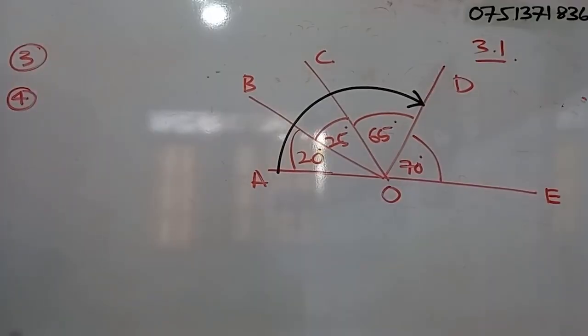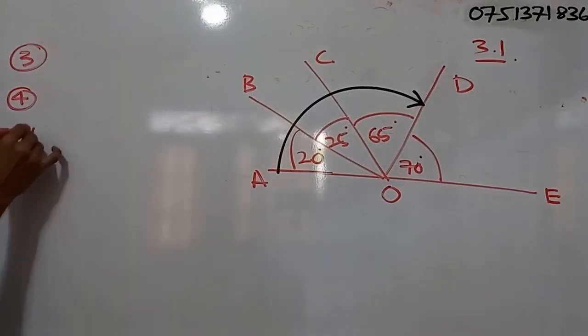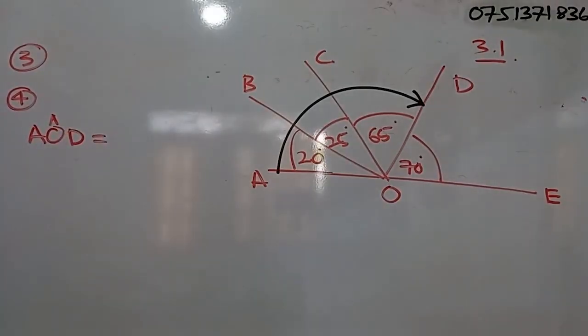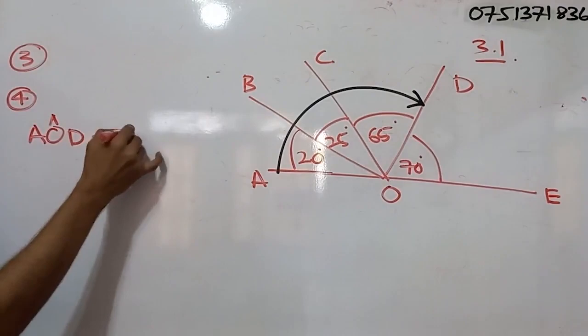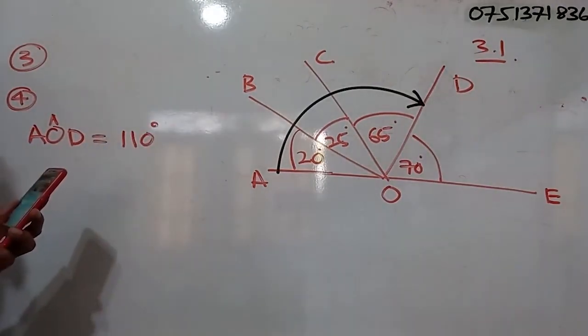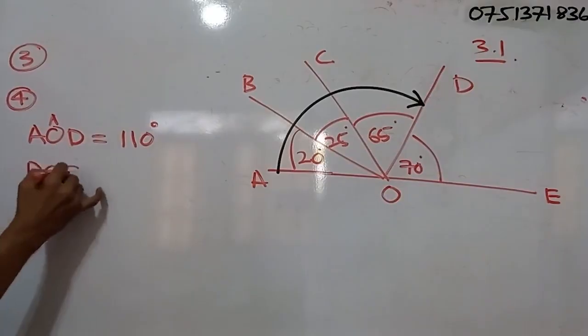Right, part 4. What is the sum of AOD and DOE? So what is AOD? The magnitude, right? We got 110. And what is the other angle? DOE, right? So DOE is what?